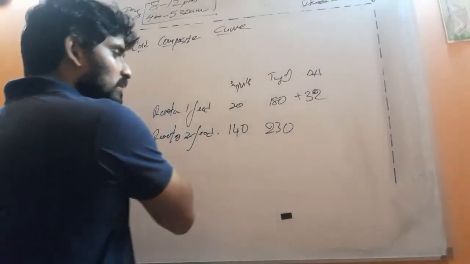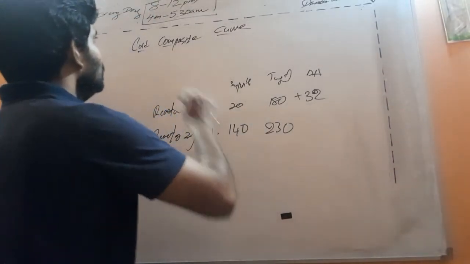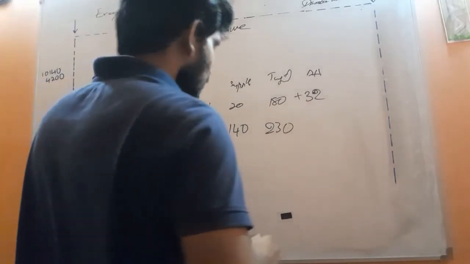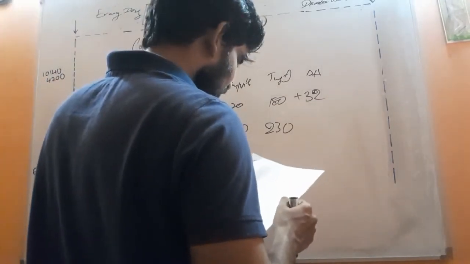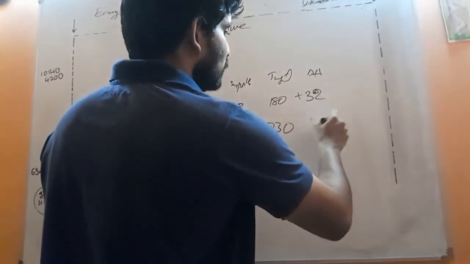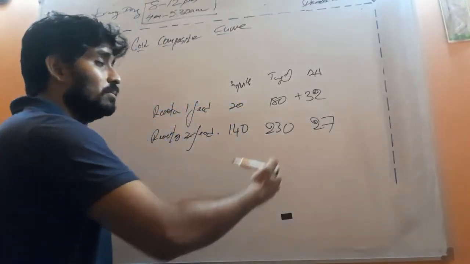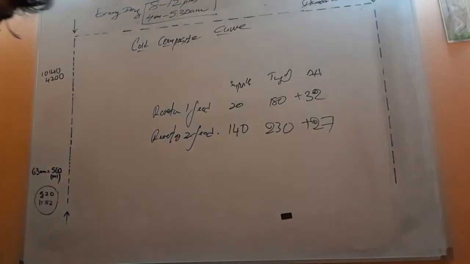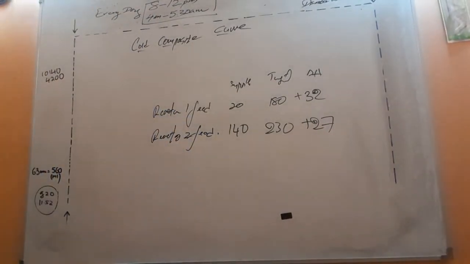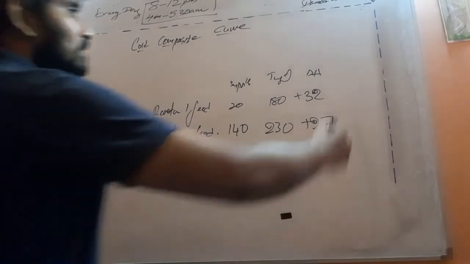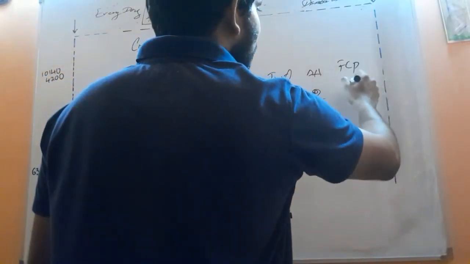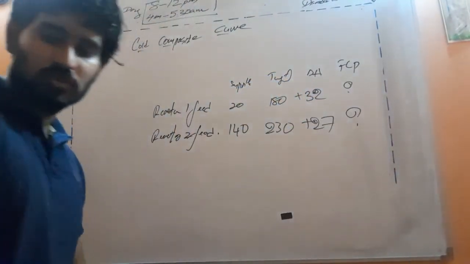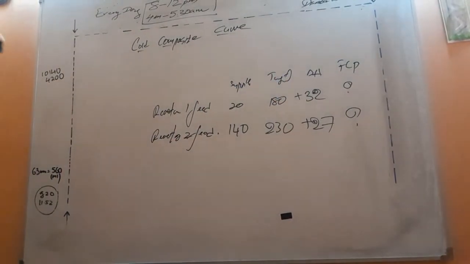So this process is related to the cold composite curve. Delta H value is given as 27. Most of the time they will just give you the delta H value, but how to define the sign? It is positive. You know how to define that. Right. How to consider the FCP value, we will see when we sketch the curve.